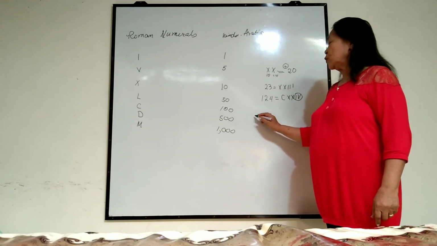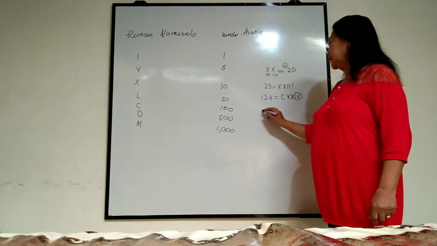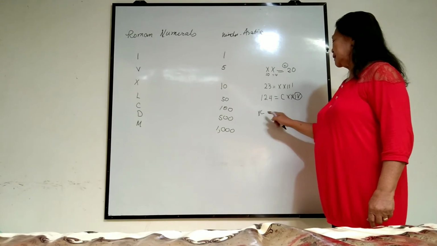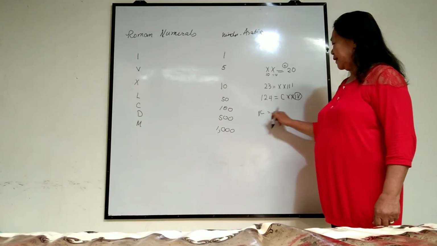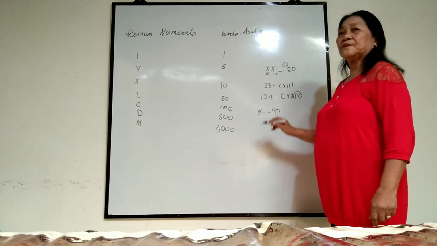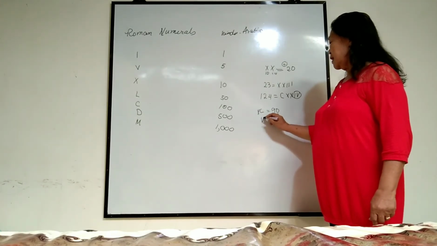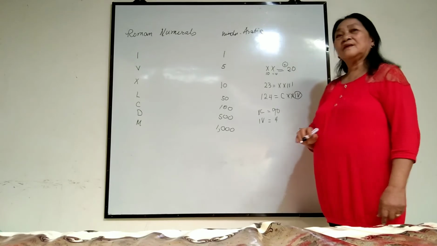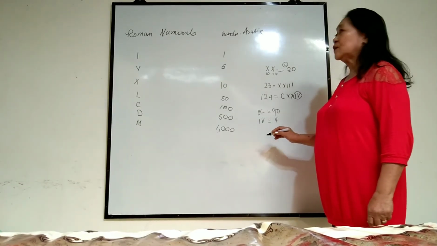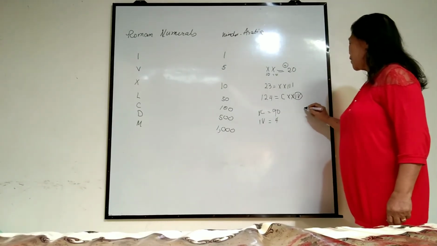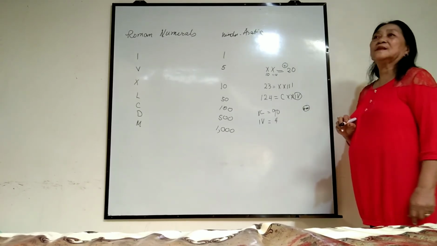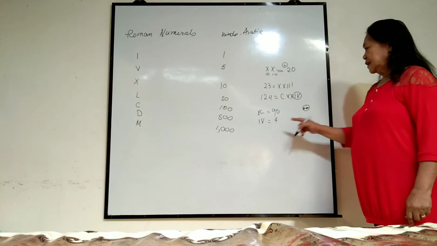So if it is preceded by smaller numbers, you're going to subtract. Like for example, C, then we have X. This is 100 minus 10 is 90. And if you have I, V, 5 minus 1, this is 4. But do not write V before X. This is not advisable.